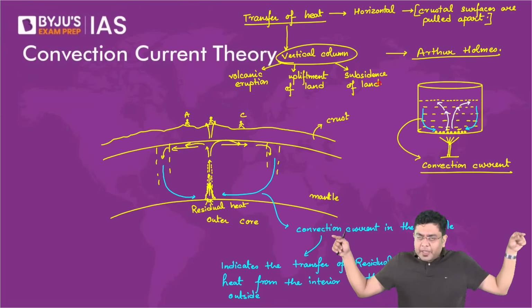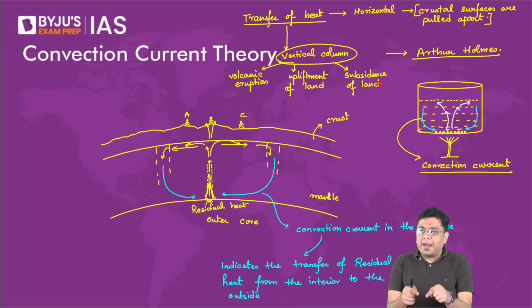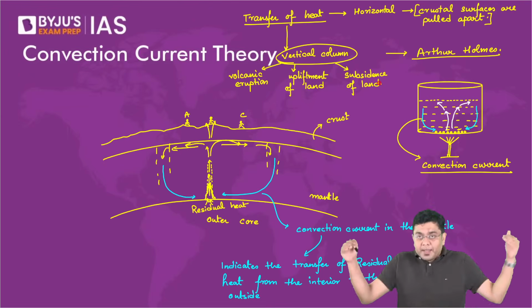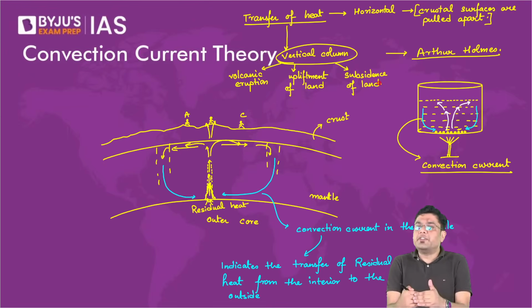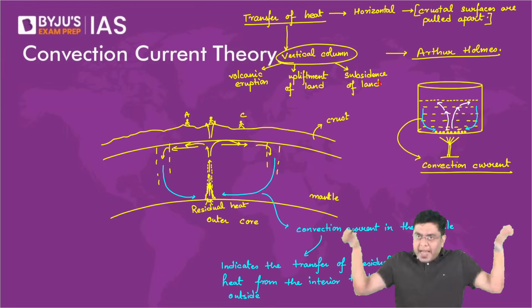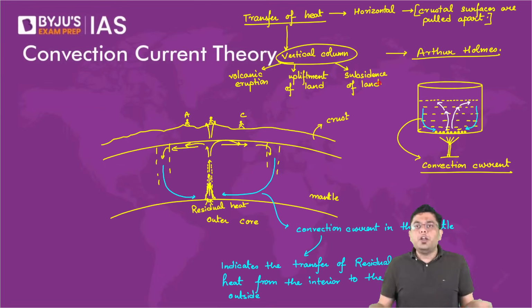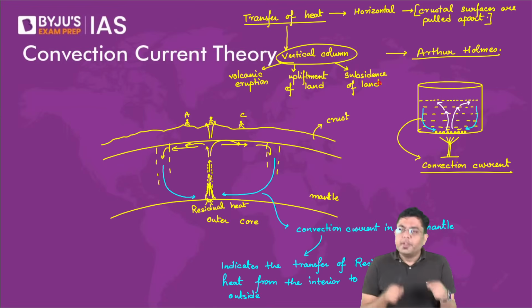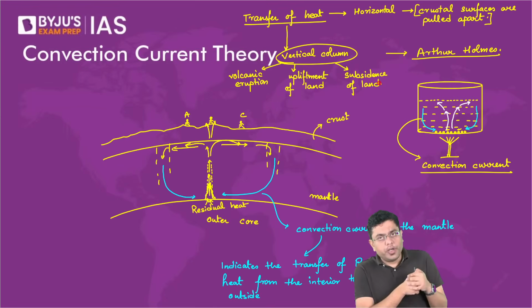In the meanwhile, the colder portion of the compressed, high density mantle will replace the portion which has been lifted up. Again, that will get heated. Again, it will rise up, and that convection current continues. So, this is the convection current theory postulated by Arthur Holmes.